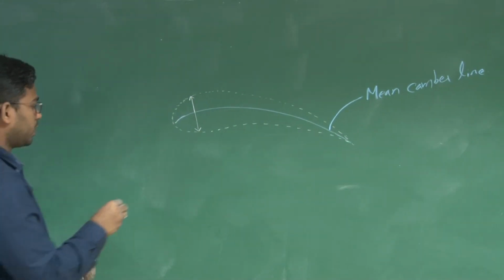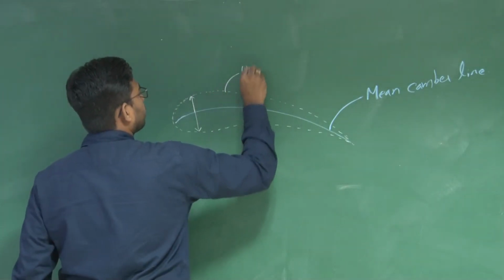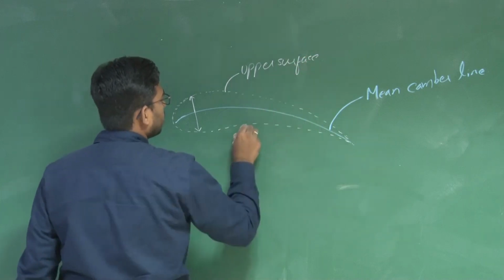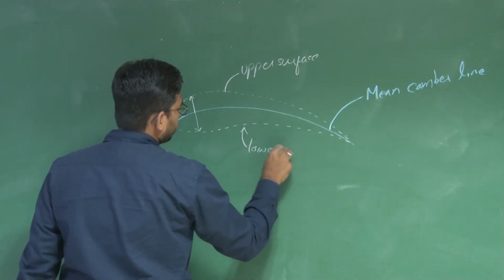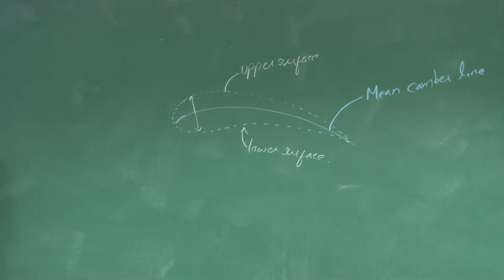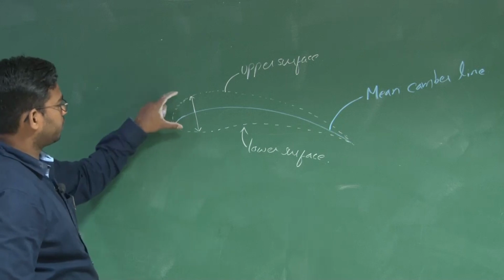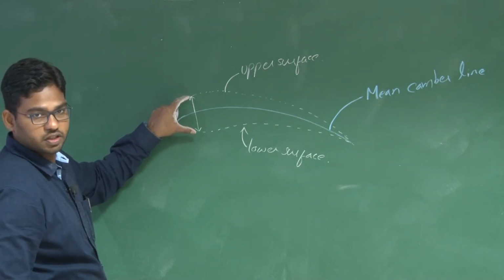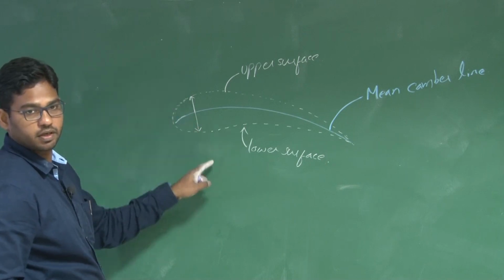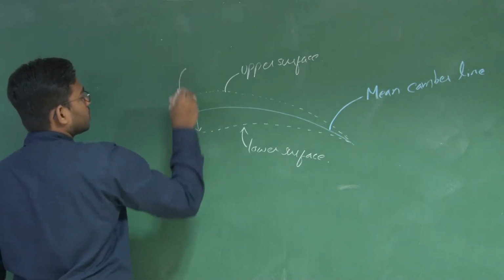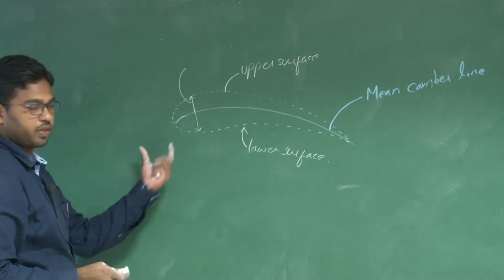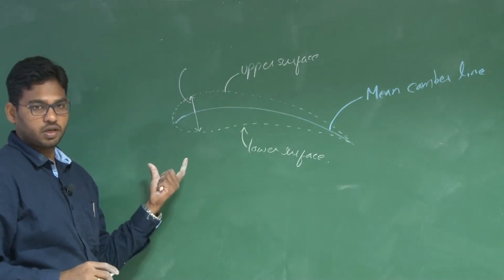These upper and lower boundaries are my upper surface and lower surface of aerofoil, right? And obviously, since thickness is a distance measured from the upper surface to the lower surface perpendicular to the mean camber line, the thickness distribution is symmetric about this mean camber line, right?